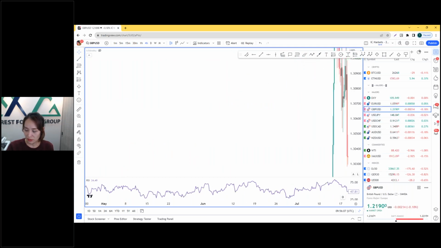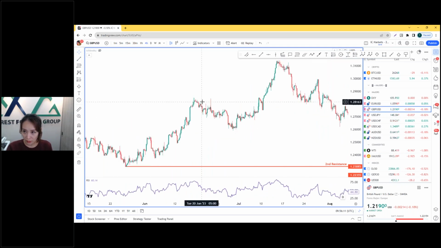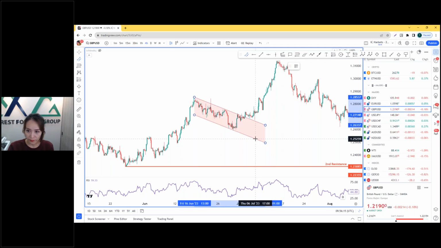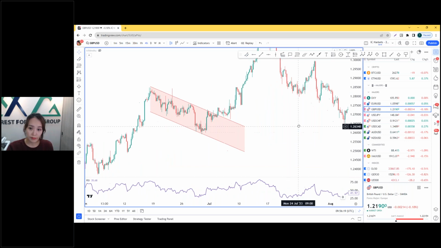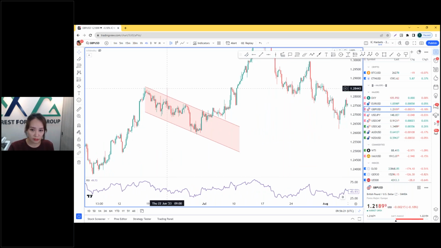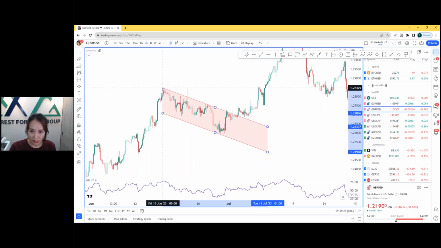Let me find the example. Okay, for example, here, let's try first. Here you can draw the bearish channel line. You know, this is a wick. This I think you will get stopped out, or like the trap here. But you can draw like that.